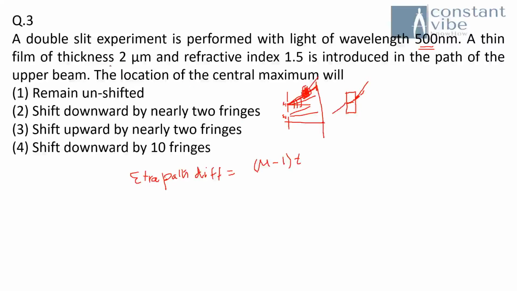Already provided here, 2 micrometer, and the refractive index is 1.5. So 1.5 minus 1 into T is equal to 2 micrometer, that is 2 into 10 to the minus 6.